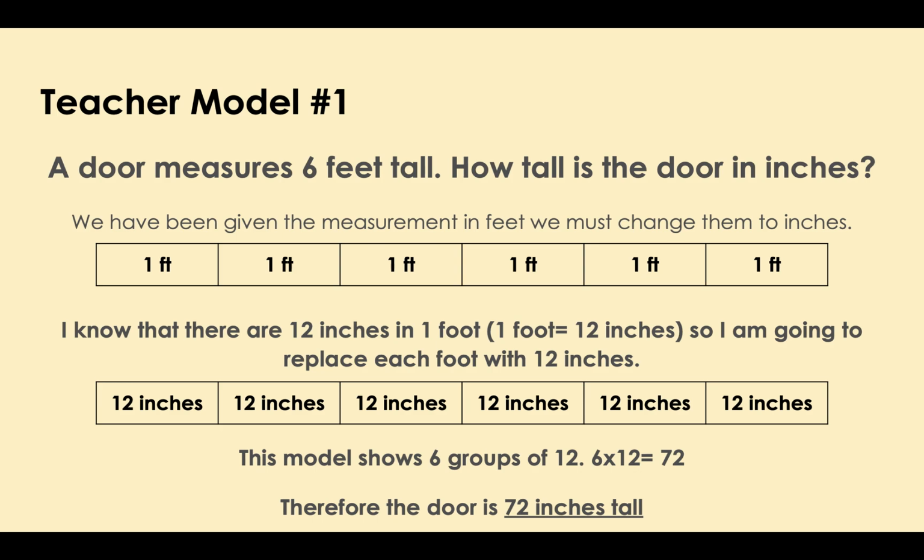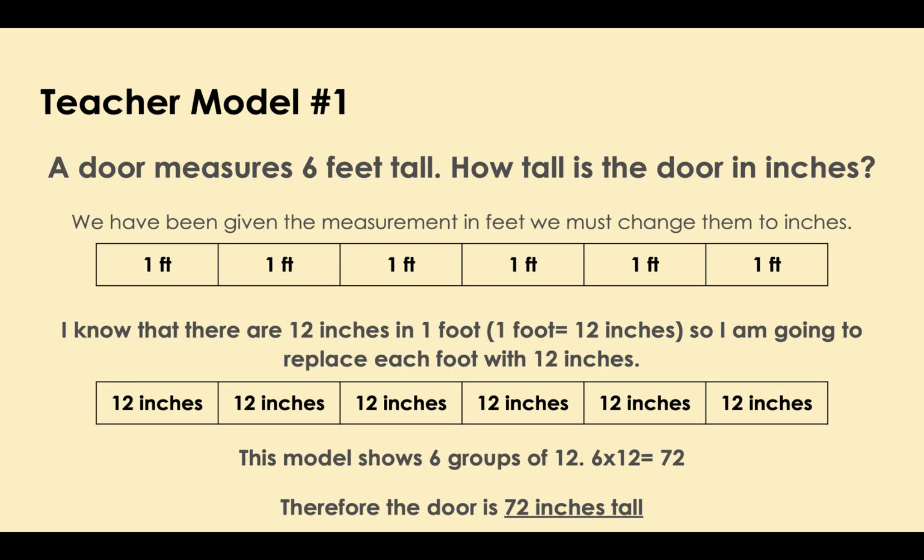Well, I know that there are 12 inches in 1 foot because 1 foot is 12 inches. So I'm going to replace each foot with 12 inches. Now I have 12 inches, 12 inches, 12 inches, 12 inches, 12 inches, and 12 inches.